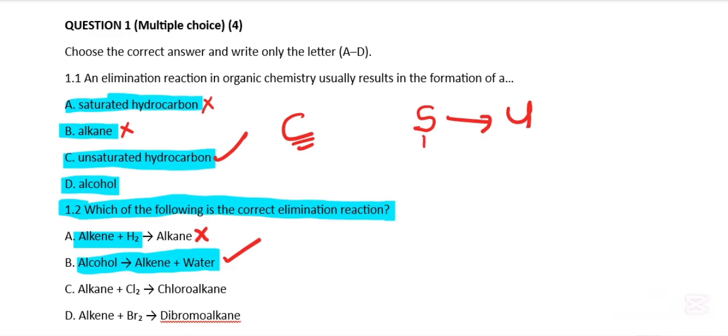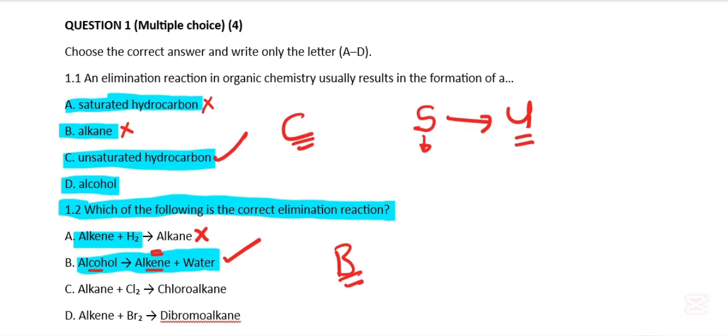We eliminate something here, so a double bond forms, which means alcohol is saturated, forming an unsaturated alkene with a double bond. Okay, so the correct answer is B here.